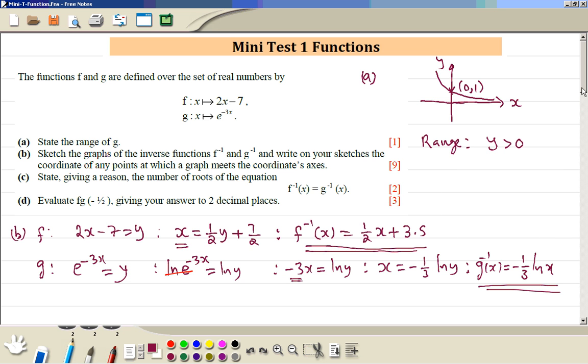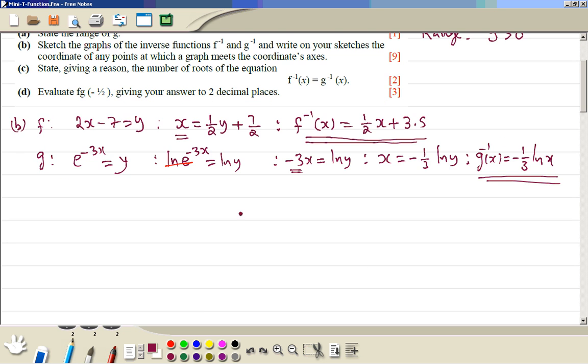Now you can sketch it from here. So we have the y-axis. This is our x-axis. When x is 0 here, y is 3.5.